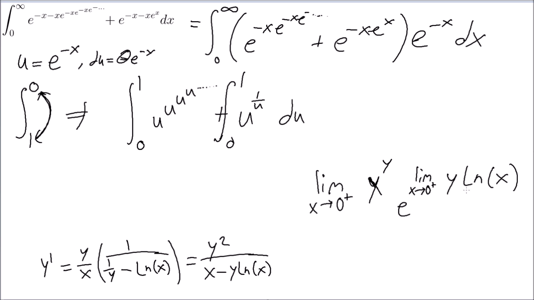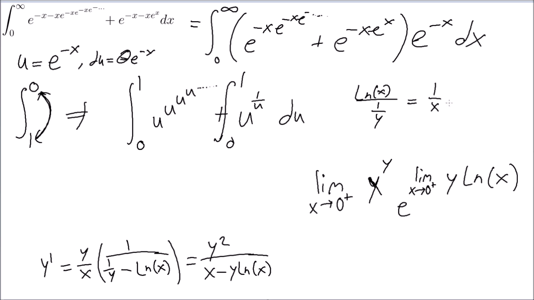Well, I honestly don't want to. Oh, but then it would be 1 over y. Yo, this is nasty. Okay, well, in that case, we have ln of x, 1 over y, 1 over x. This is like negative.